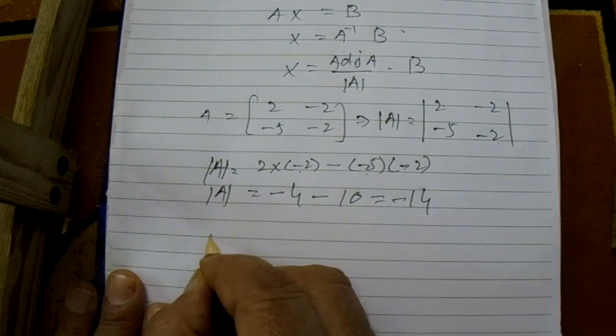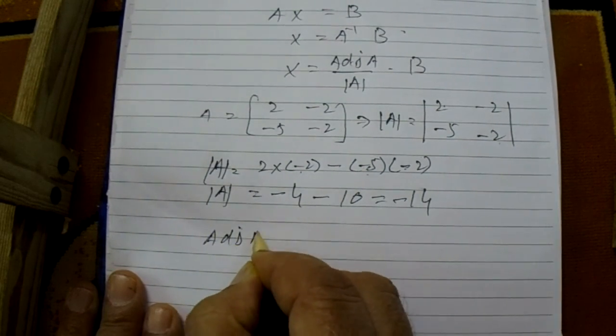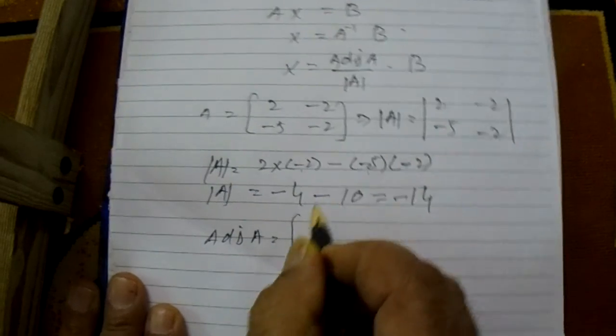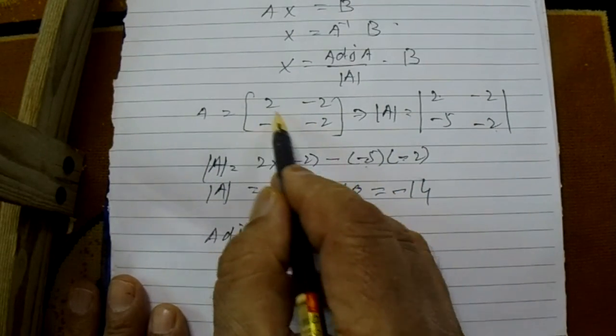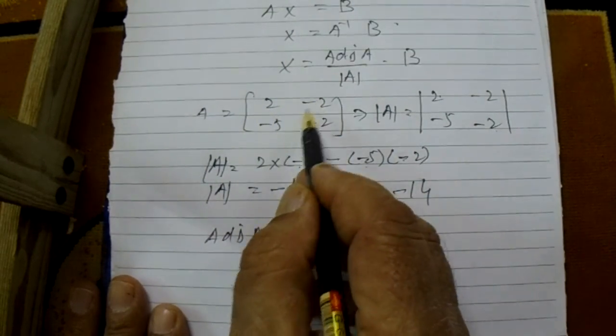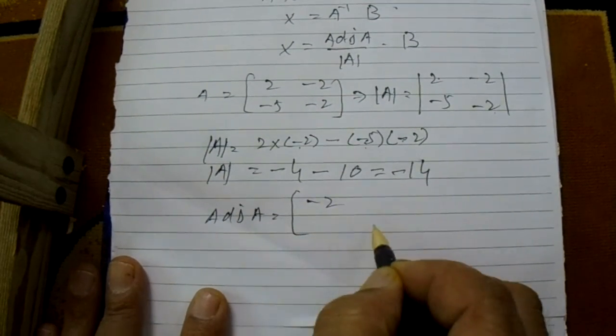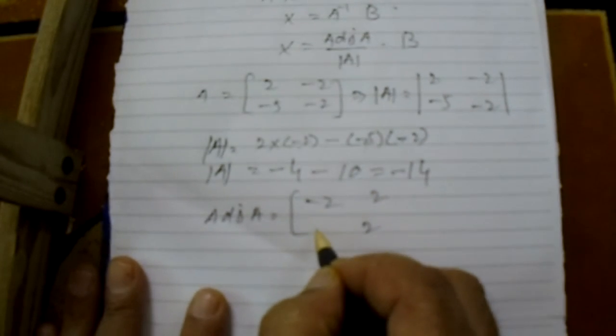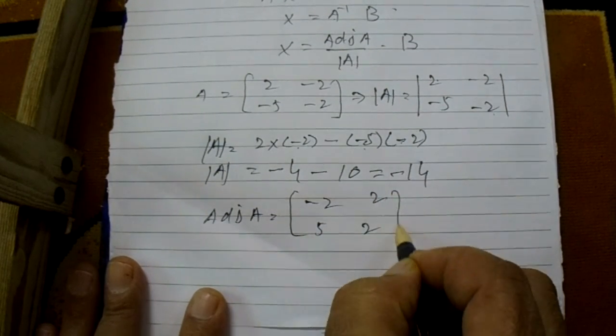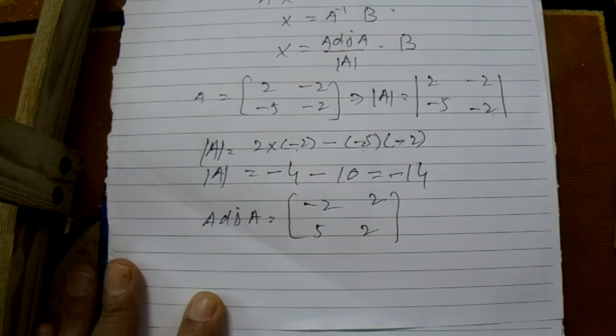Now we find the adjoint of A. Adjoint A means we interchange the diagonal values and change the sign of the other diagonal. We write here -2 and 2, 5 and 2. Now this is the adjoint of A.